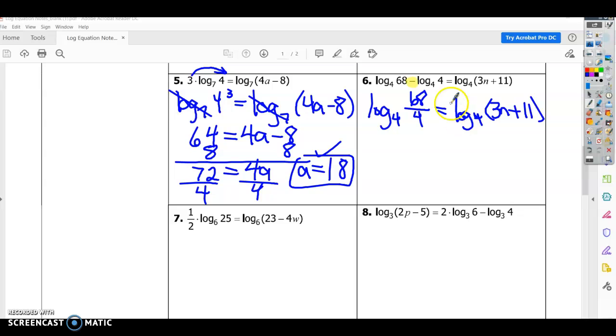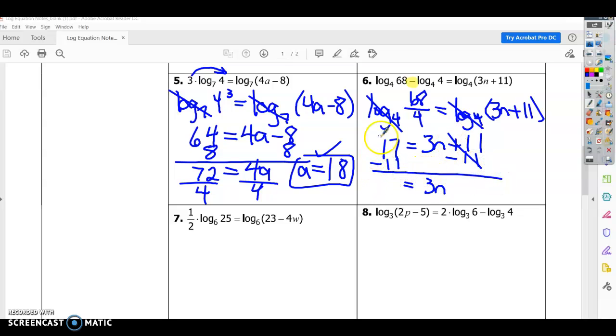All right, and then we can drop our log because now we have a single log on both sides. And then 68 divided by 4 is 17, and that equals 3n plus 11. Subtract 11.